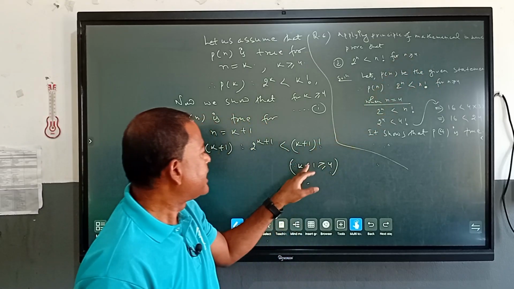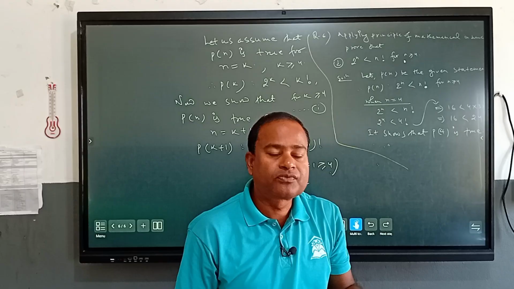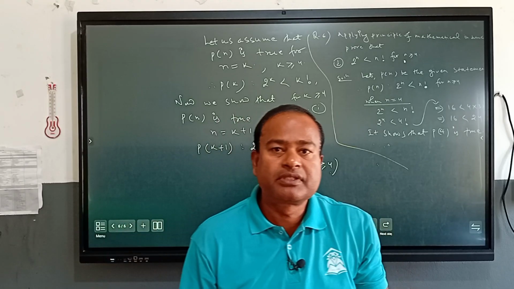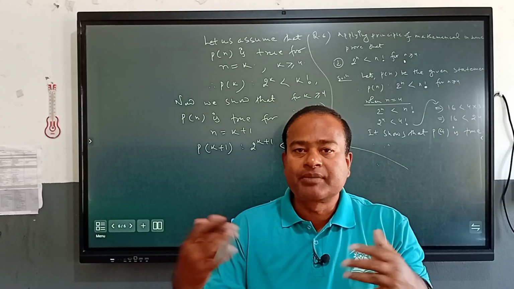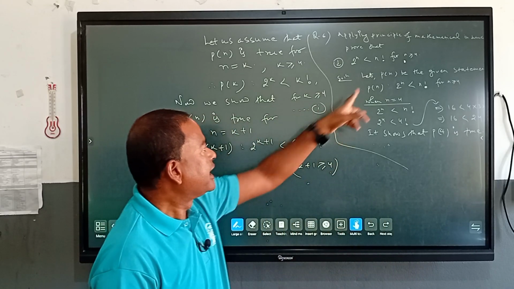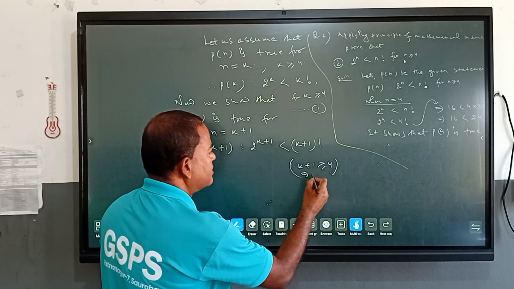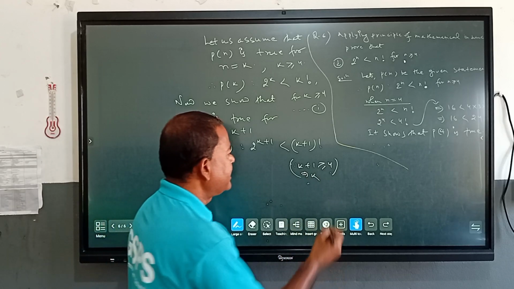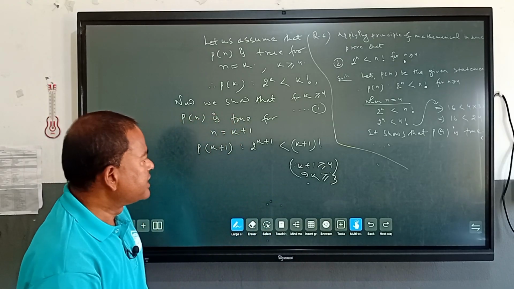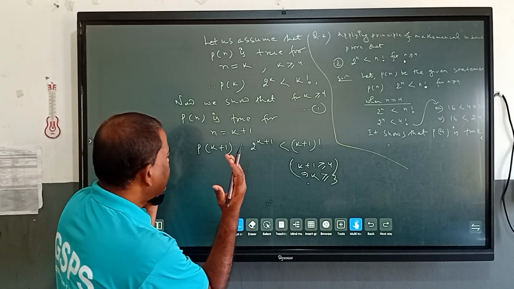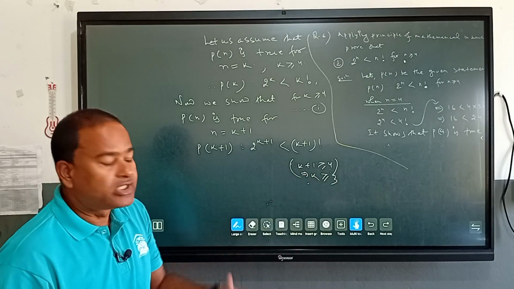So if we replace n with k plus 1, then it will be k plus 1 greater than or equal to 4. That means we are going to prove this statement is true for n equals k plus 1 for k plus 1 greater than or equal to 4. So by solving this, we also get k is greater than or equal to 4 minus 1, that is 3. So now we are going to show that this statement is true for k greater than or equal to 3.